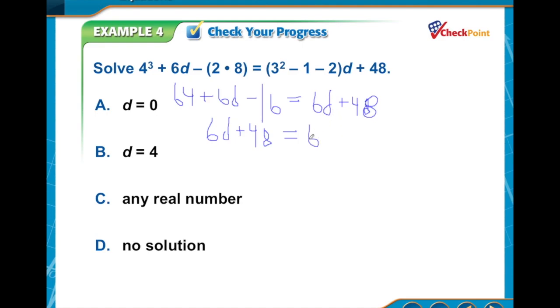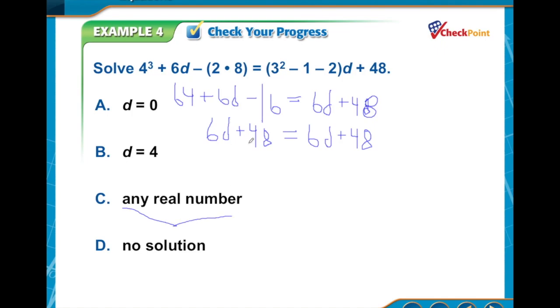So if I rewrite that just one more time, just for the sake of symmetry, we can see here we've got the same variable, the same numbers on both sides of our equation. We talked about this. If you have some term equaling the exact same term, it's the exact same on both sides, then any real number that we plug in for d will work.